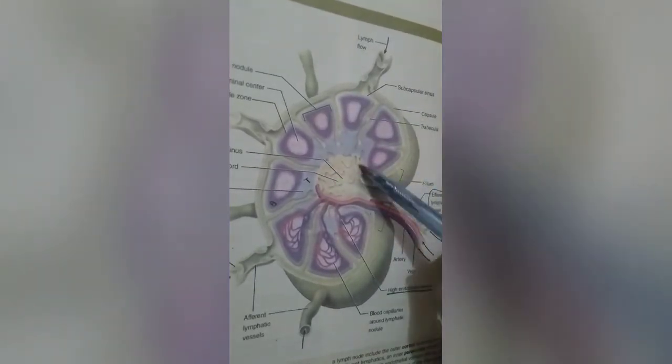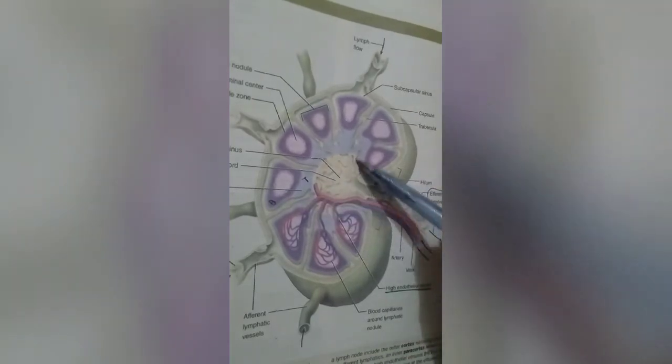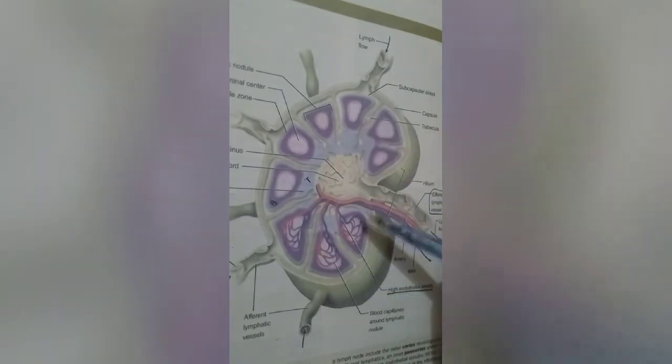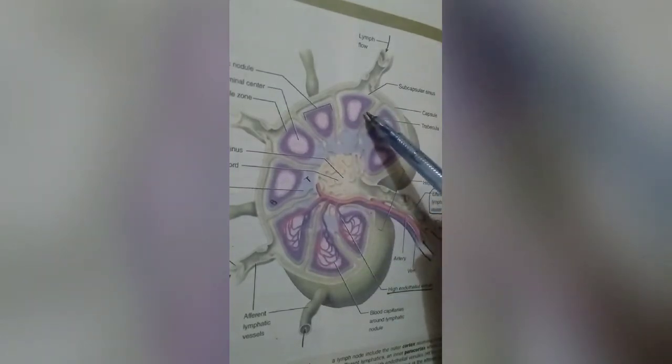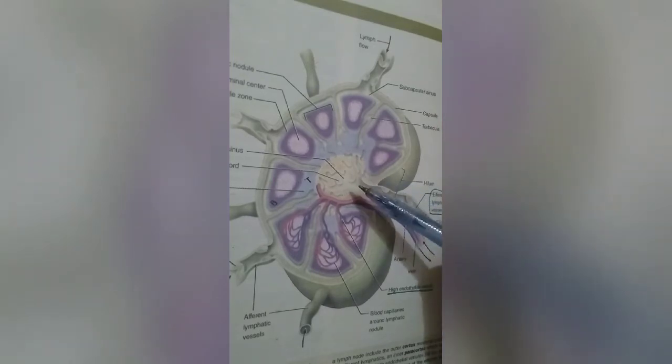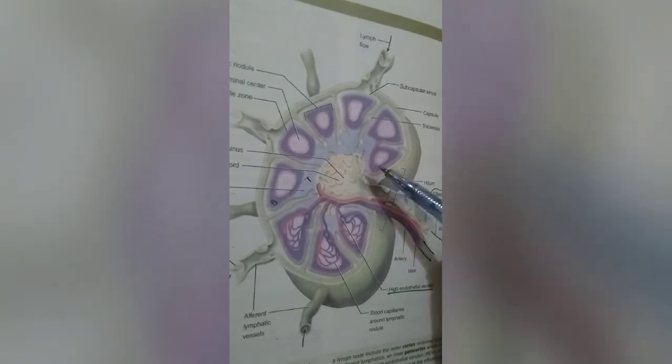And the inner, light region is called the medulla. So the lymph node divides into two parts, the outer dark region, cortex, and the inner light region, medulla. We will discuss them one by one. First the cortex, and then the medulla.